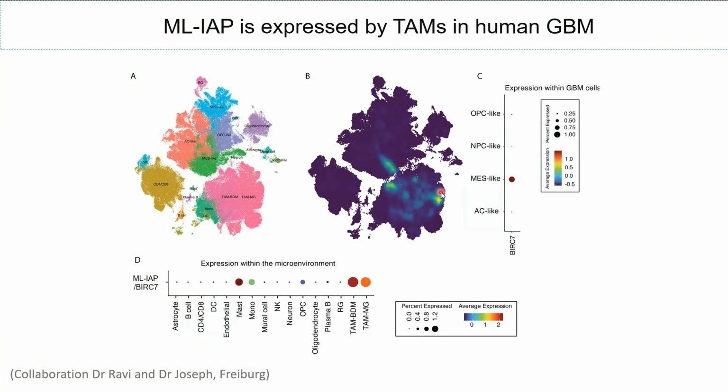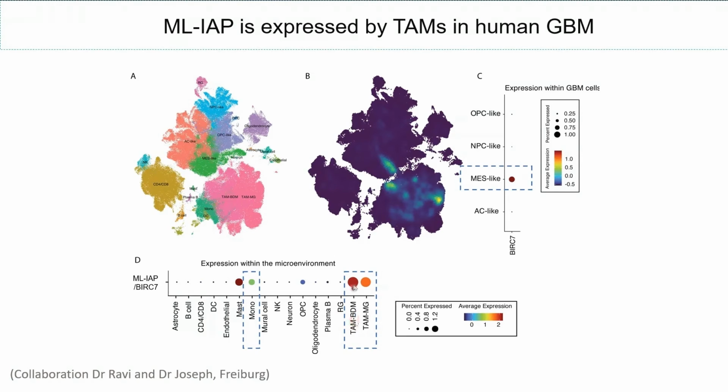So thanks to our collaborators in Freiburg, we had access to single-cell databases from human glioblastoma, and we looked at the expression of our inhibitor of apoptosis proteins, and we found that MLIP had an expression specific to these tumor-associated macrophages, so these monocytes and this TAM population.